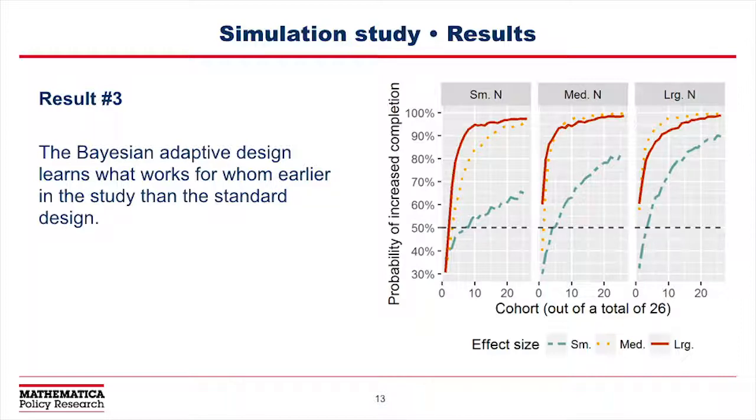All of them have crossed that 50% line by 9 cohorts. To be concrete about what that means, no matter what scenario you're in, if you use a Bayesian adaptive design, you will get evidence after just 9 cohorts worth of families have come through your study, as you would have gotten if you had used the standard design for the entire year, for all 26 cohorts. So we are learning really fast what works for whom using this design.